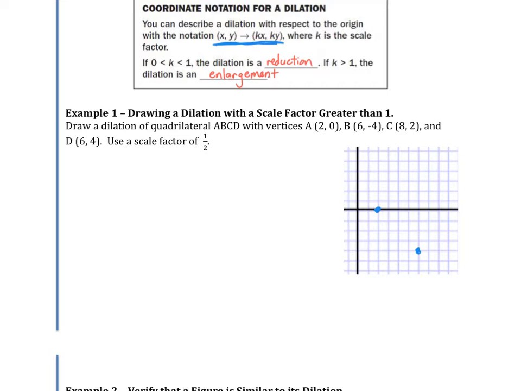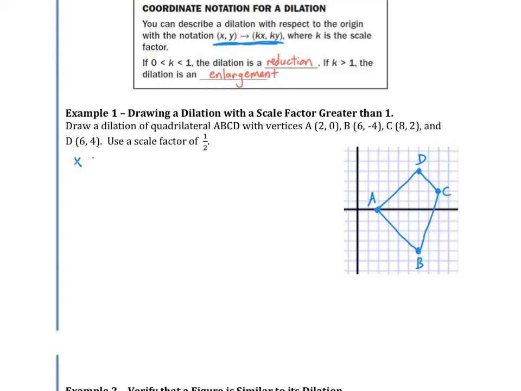C is at (8, 2). And D is at (6, 4). So we have A, B, C, and D.